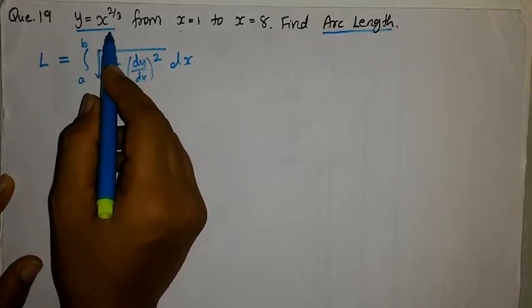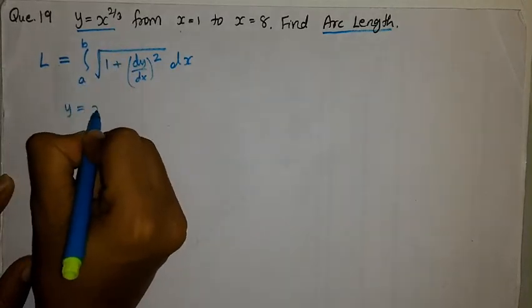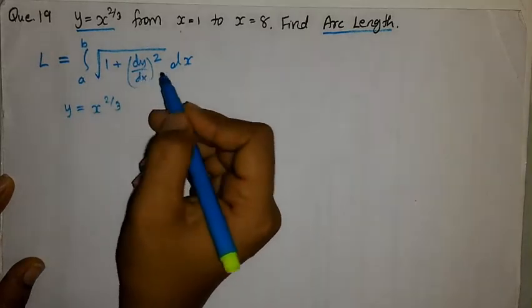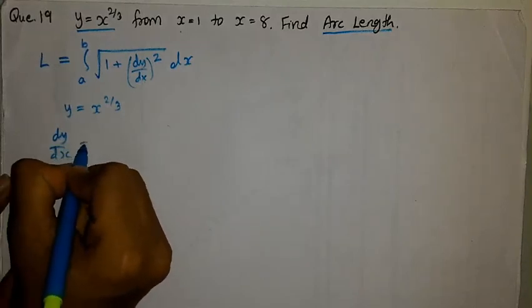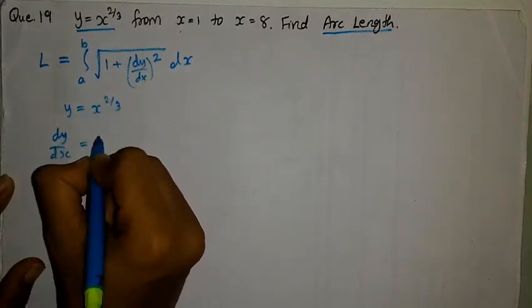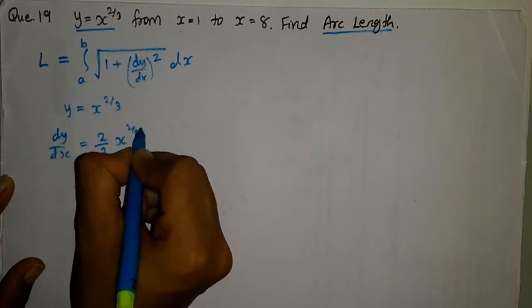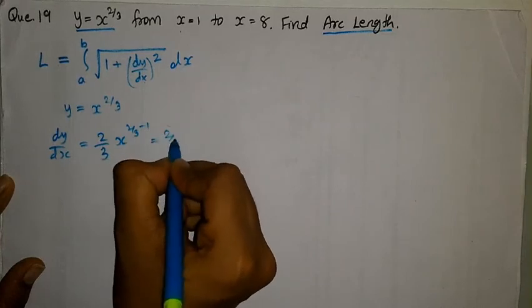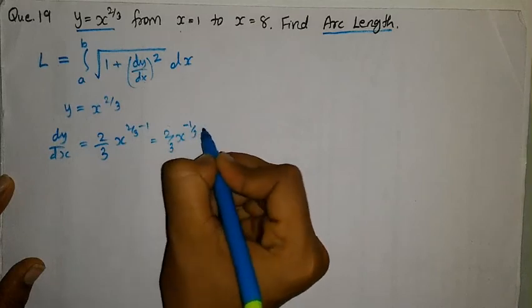So we are given y is equal to x raised to 2 by 3. Let's first differentiate this term with respect to dx. So dy by dx is equal to, this power will come ahead, 2 by 3 into x raised to 2 by 3 minus 1, that is equal to 2 by 3 into x raised to minus 1 by 3.